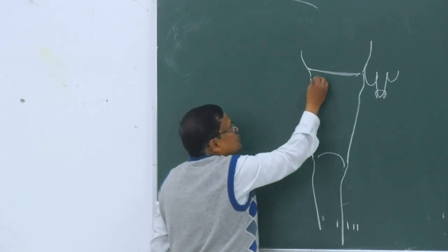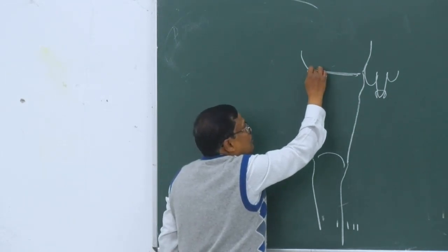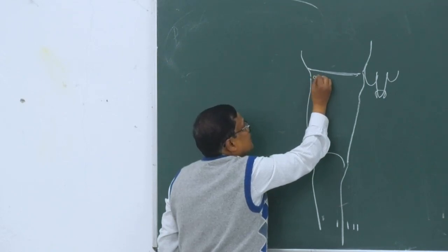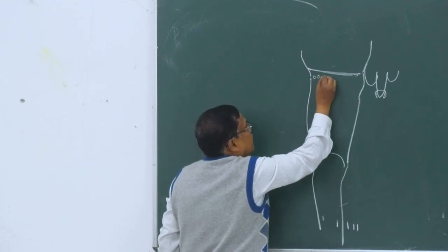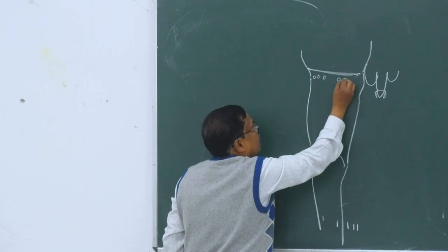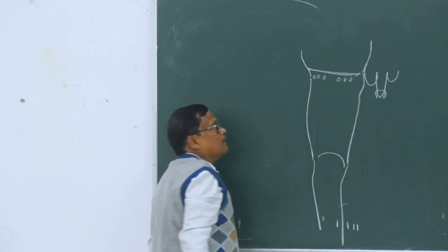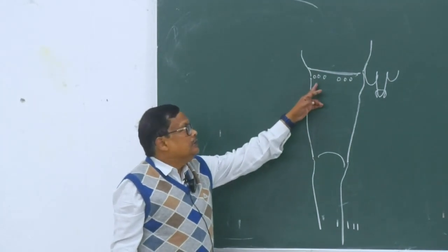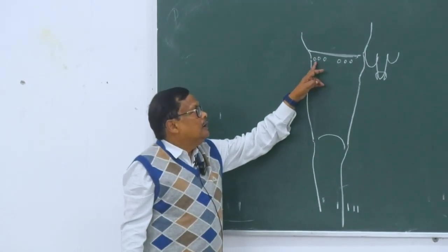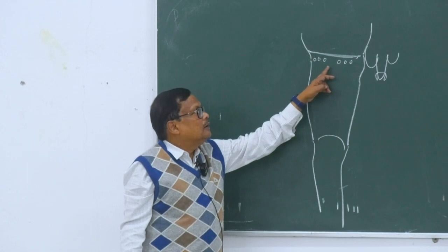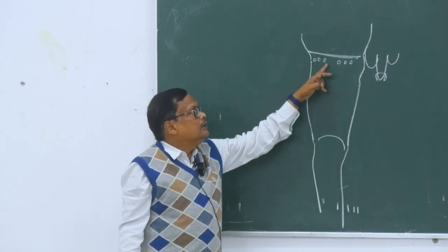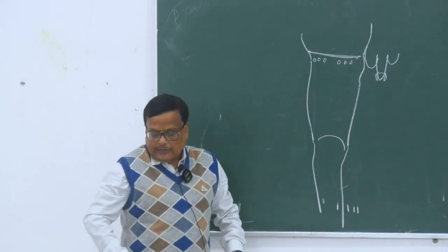Horizontal group is situated along parallel to the lower margin of the inguinal ligament in the upper part of the thigh. In the superficial fascia, it is situated parallel to the inguinal ligament in the upper part of the thigh, ekdom ekhane.